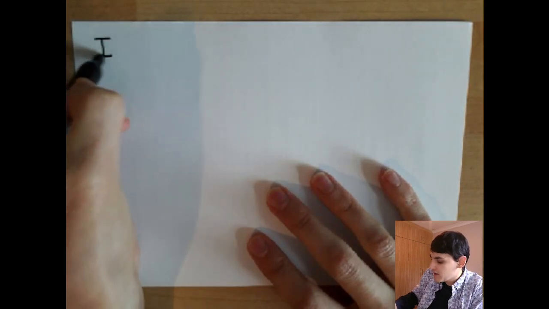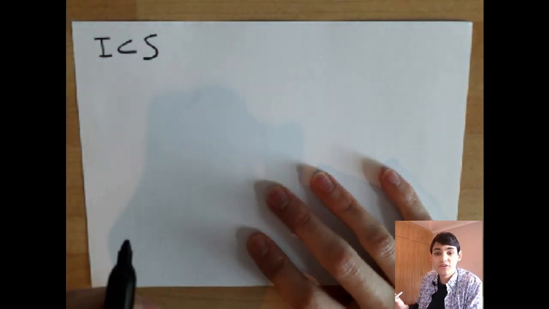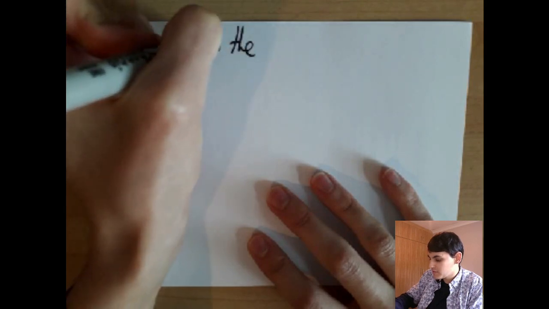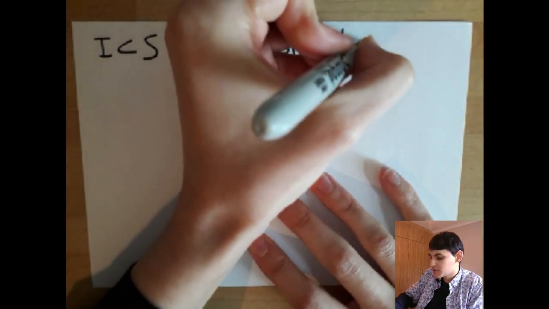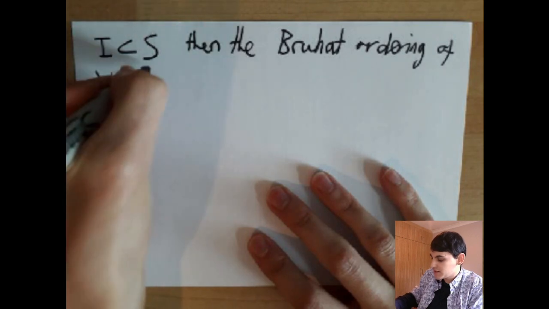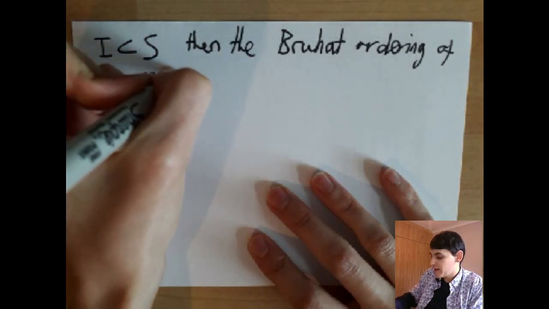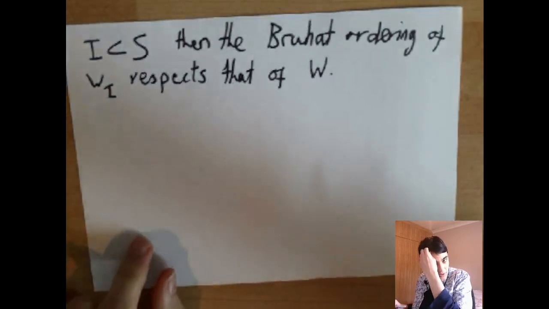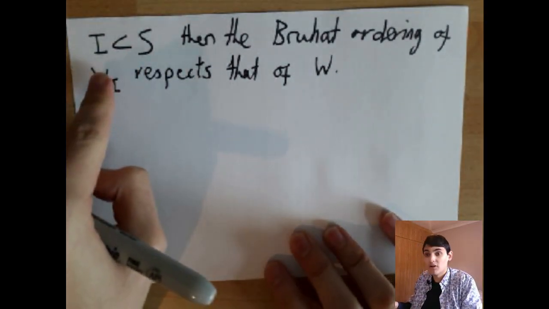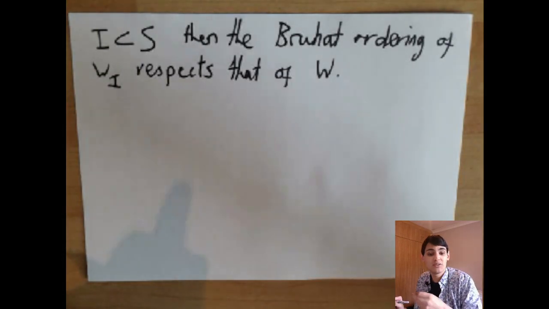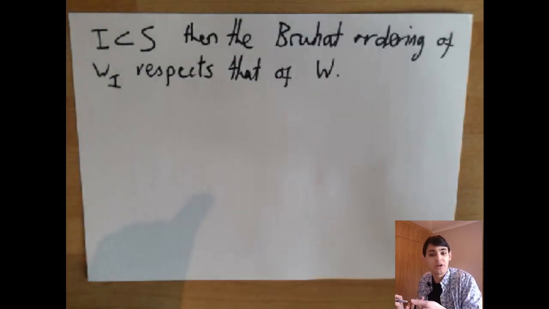The first is that if you have I, a subset of S, then the Bruhat ordering of the group W_I respects that of W. So basically, if you take a subgroup of W, then everything retains its partial ordering under this Bruhat order.